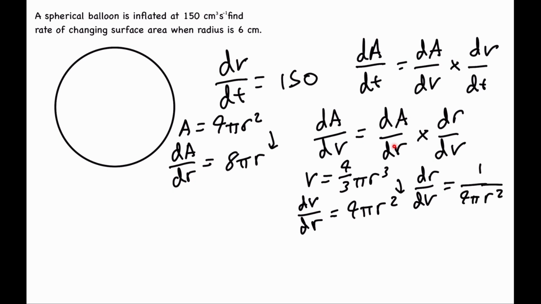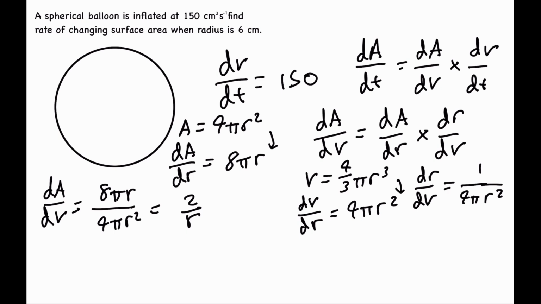Now that we have these two values, we can find dA over dV. dA over dV is equal to dA over dr, which is 8 pi r, times dr over dV, which is 1 over 4 pi r squared. And this is equal to 2 over r.